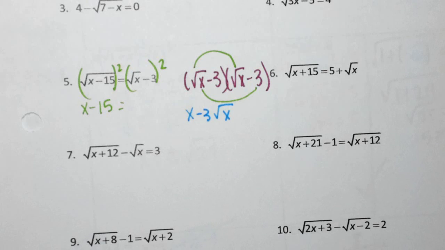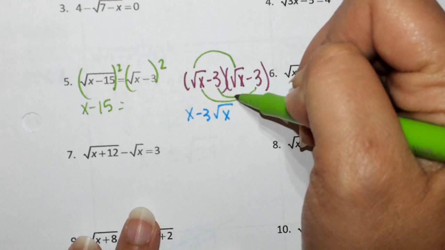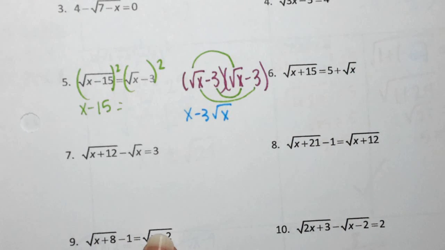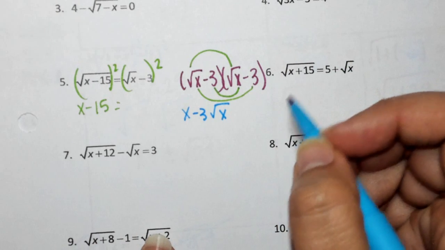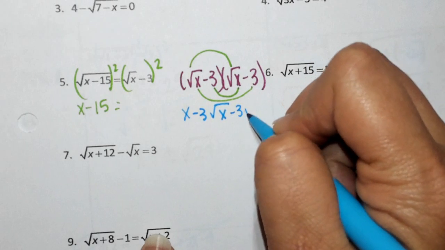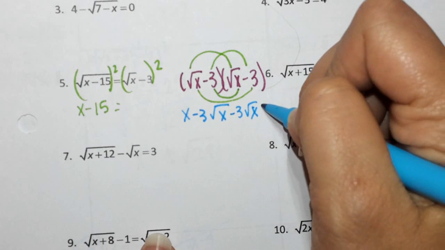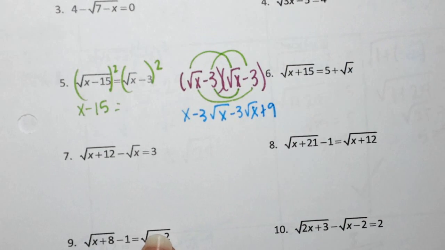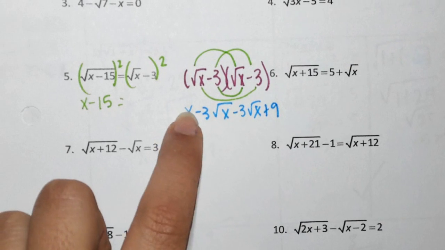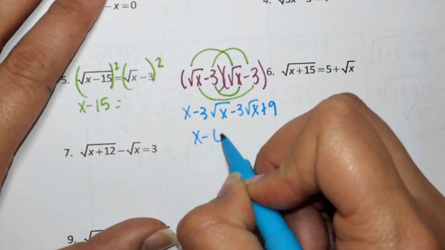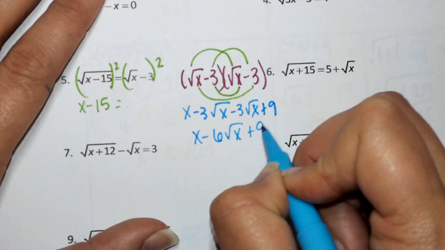No. Alright, so then we can say negative 3 times the square root of x, and what does that give us? Negative 3 root x. And then we say negative 3 times negative 3, and what does that give us? Positive 9. And then we just combine like terms. Negative 3 root x minus 3 root x is negative 6 root x plus 9.